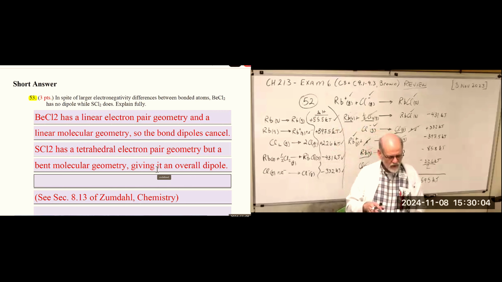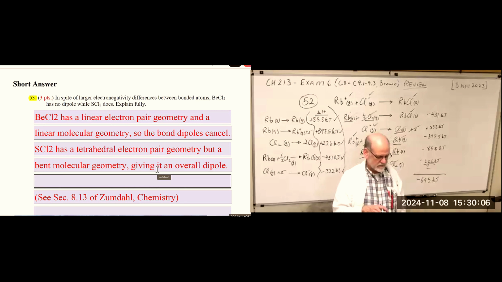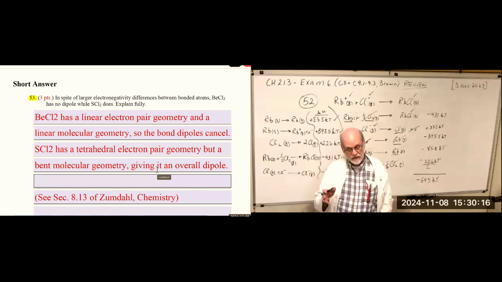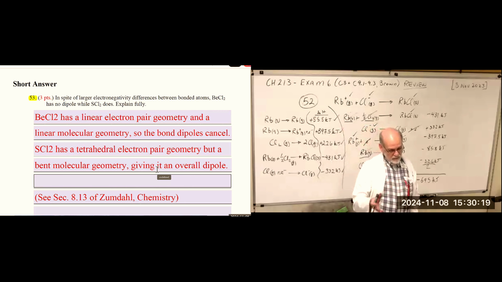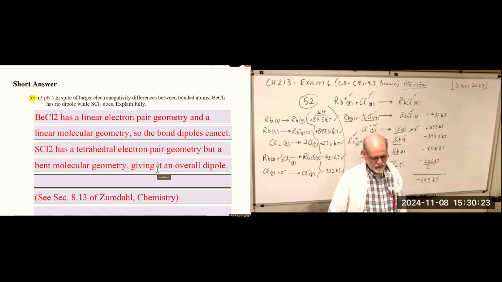Beryllium chloride is linear, so it cancels out, making it nonpolar. Whereas sulfur dichloride is a bent molecule. It starts off with a tetrahedral electronic geometry, but it gives a bent form and a dipole.